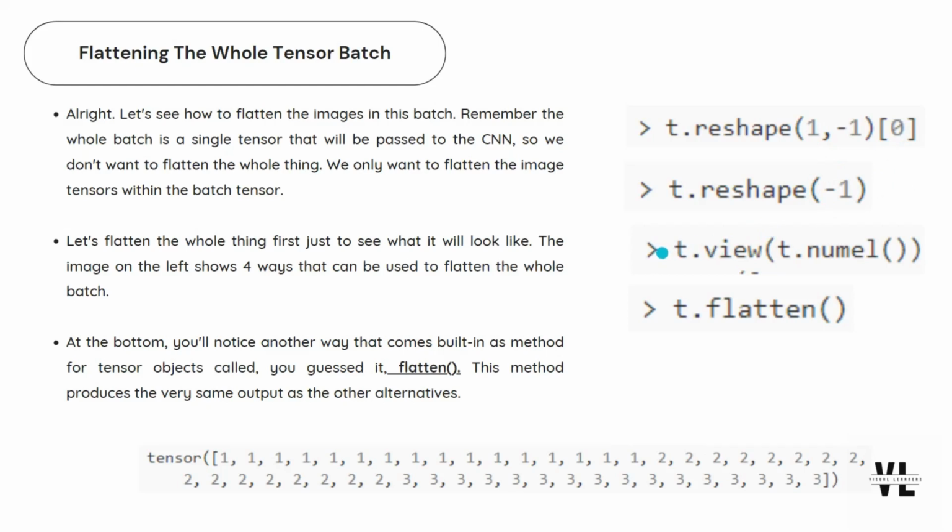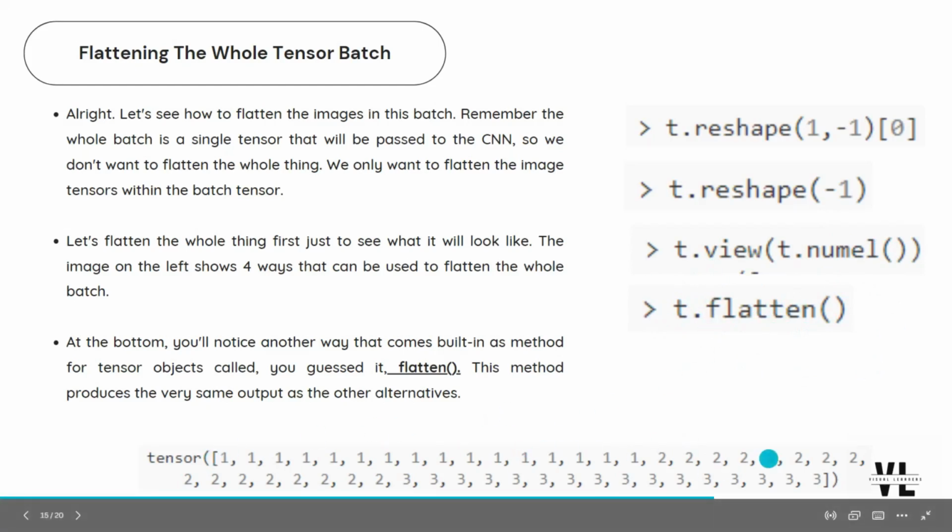Remember that we can use the view method, which can do the same thing as reshape. And instead of -1, you can use PyTorch's numel function, which calculates the number of elements in the tensor. This is the same as 48. And t.flatten is the built-in PyTorch function that will just flatten the whole thing.